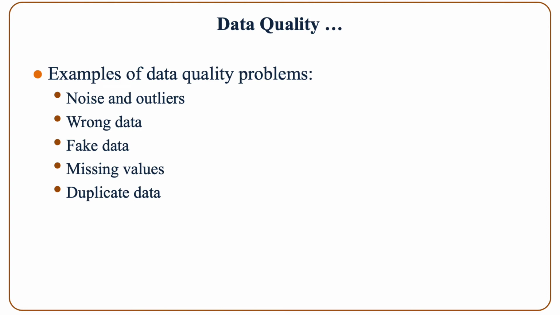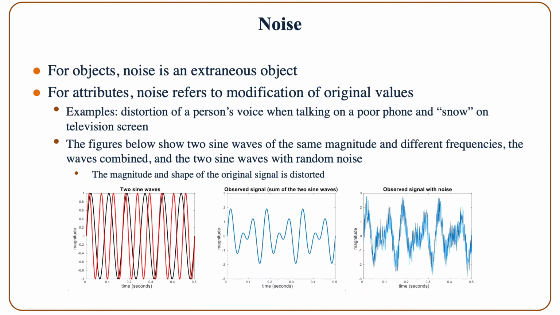Some examples of data quality problems include noise and outliers, wrong data and fake data, missing values and duplicate data. So what is noise? By definition, noise is an extraneous object or objects.